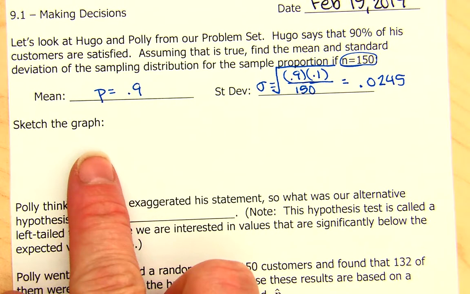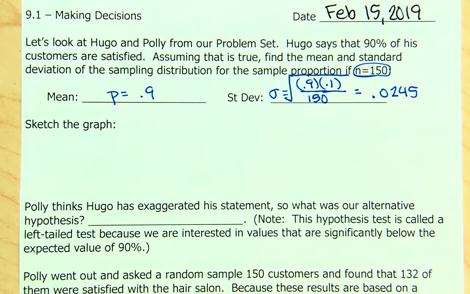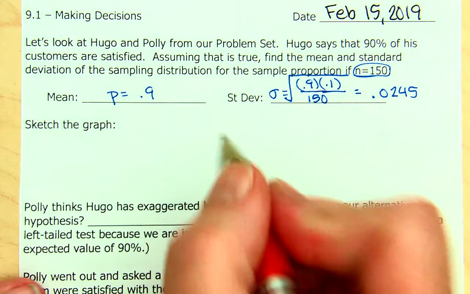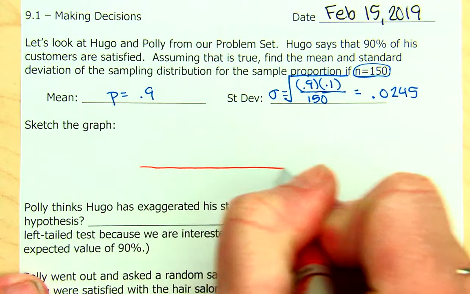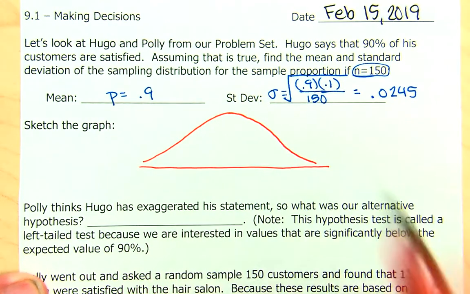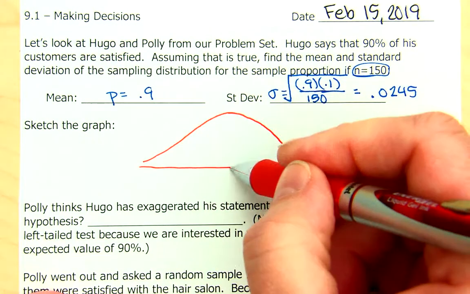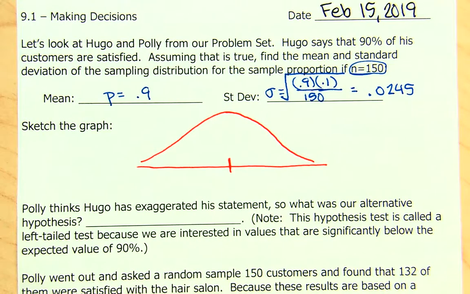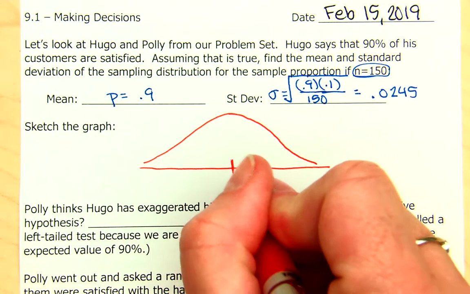From there, we should be able to sketch a graph. So we should be able to sketch what a normal distribution for this situation would look like. If I were to sketch this out, I want to draw this kind of big because we're going to label some stuff on here. So right in the middle goes what number? 0.9. Good.